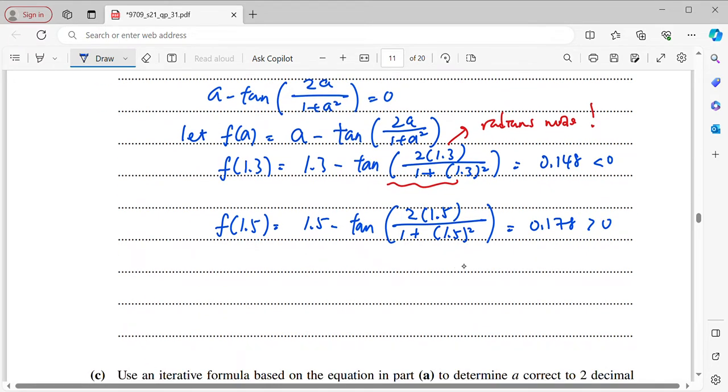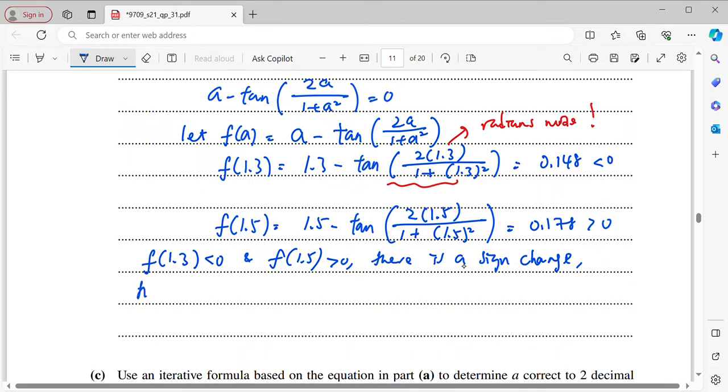So since now f(1.3) is negative and f(1.5) is positive, according to the sign change rule, there is a sign change. Okay, as long as there is a sign change, meaning one positive, one negative, then there is a root.